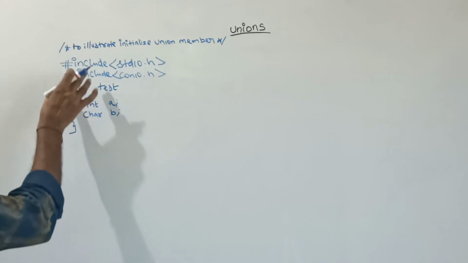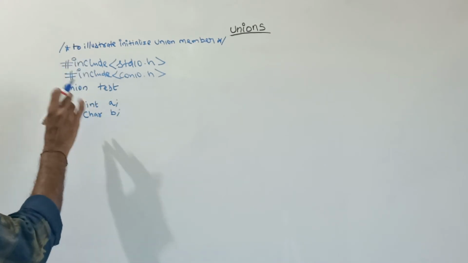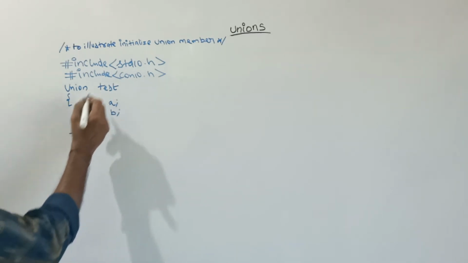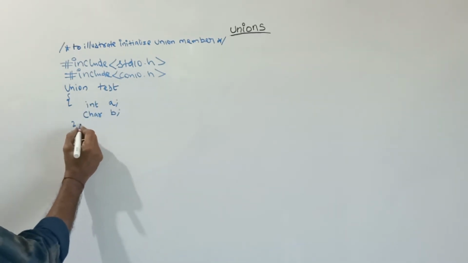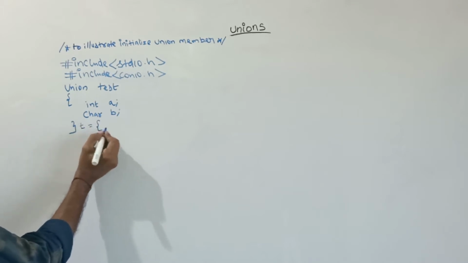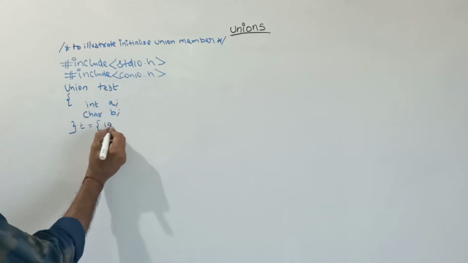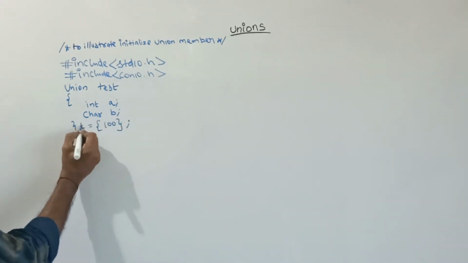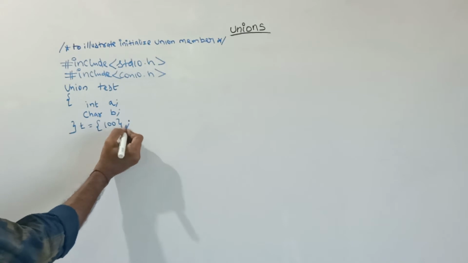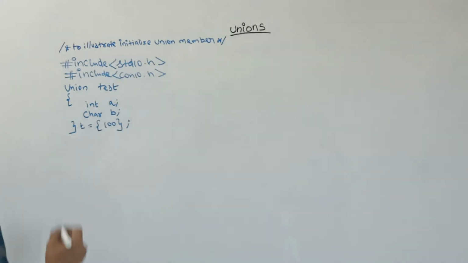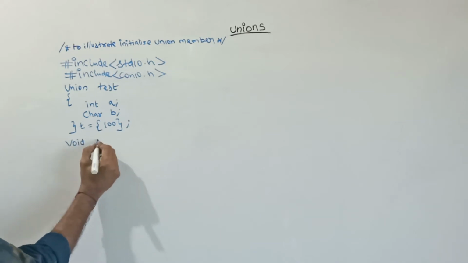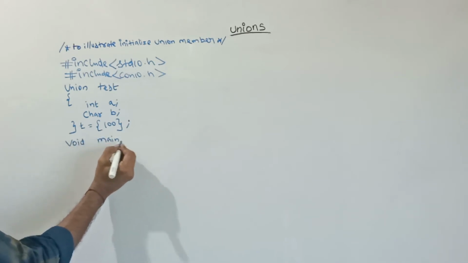When we are creating the union, at that time we can create the union variable also. For example, suppose I am creating the variable name as t, then I am initializing the value 100. Next semicolon. At the end of the union we should give the semicolon. Next, the void main function.